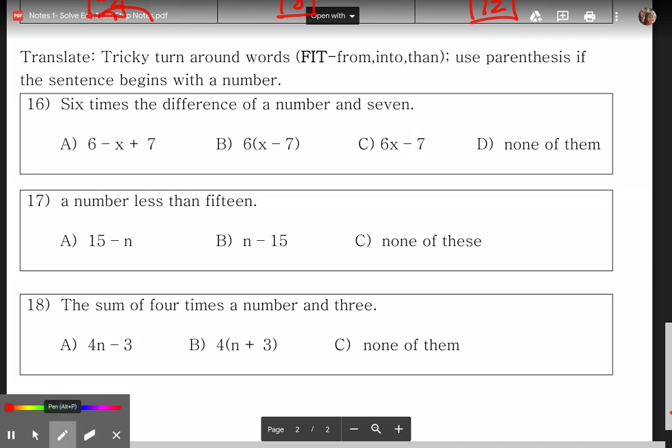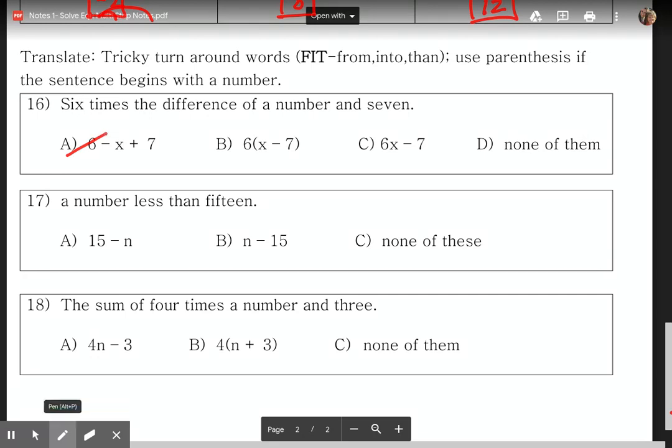We have 6 times the difference of a number and 7. So you have 3 different things: the number 6, a number, which will be a variable, and 7. If the sentence begins with a number, which in this situation it does, that's where you're going to use parentheses. So it's not this one. This is parentheses.